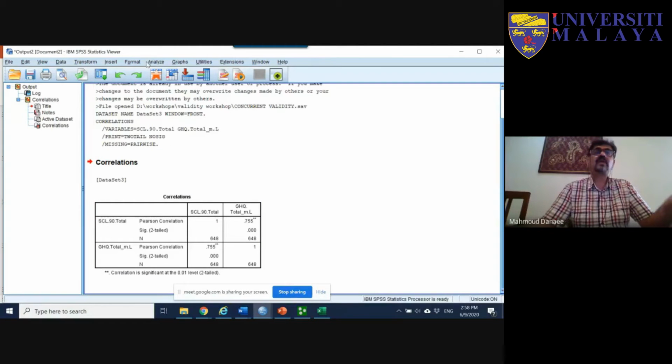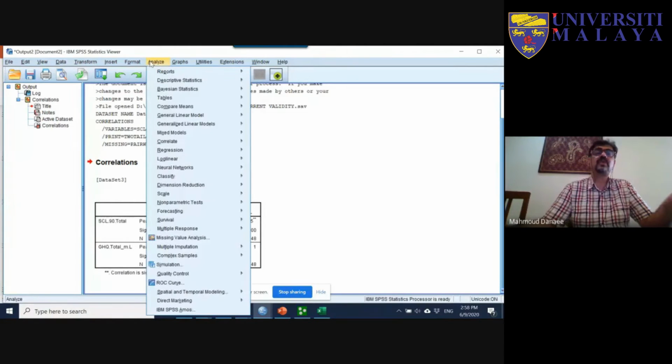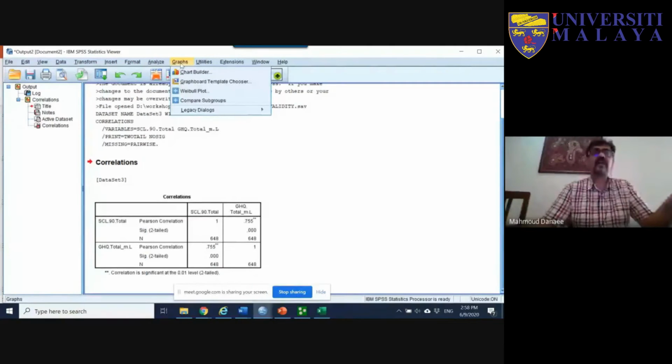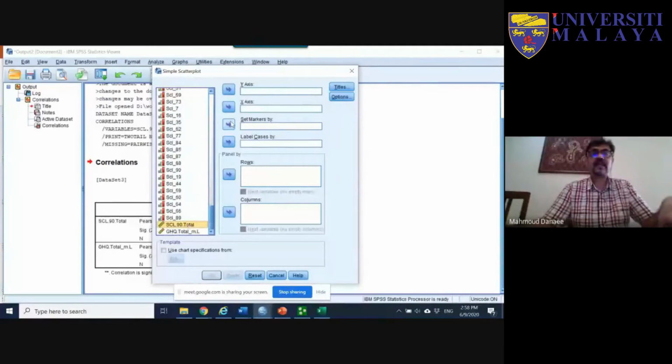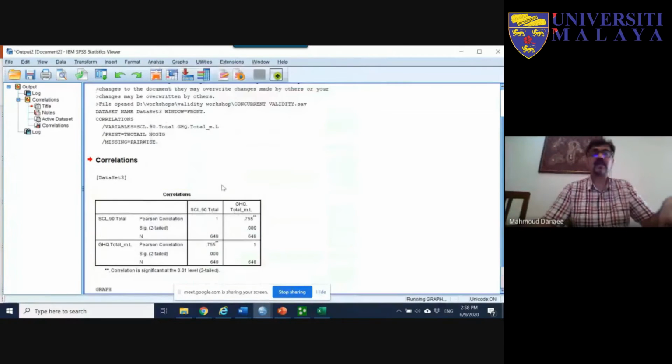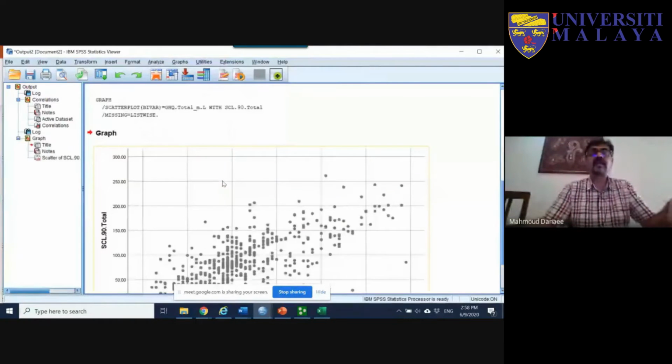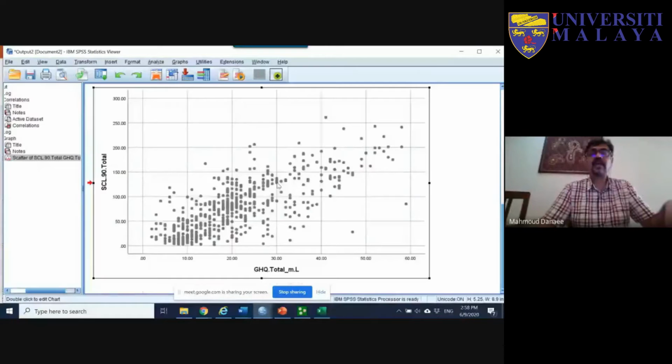So if you want to draw the chart, you can draw the scatter plot between these two, the simple scatter, and then you can just draw the scatter with GHQ and run it in SPSS. And then you just double click, and then you can draw the line.